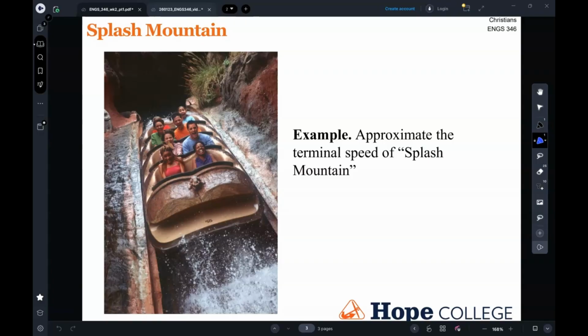And you're in this big boat, and you go down a slide and then splash at the bottom. We're going to look at the fluids problem of this, which is the thin layer of water that is flowing under the boat that you're gliding on, and see, given that thin layer of water, how slippery is it and how fast can we go?